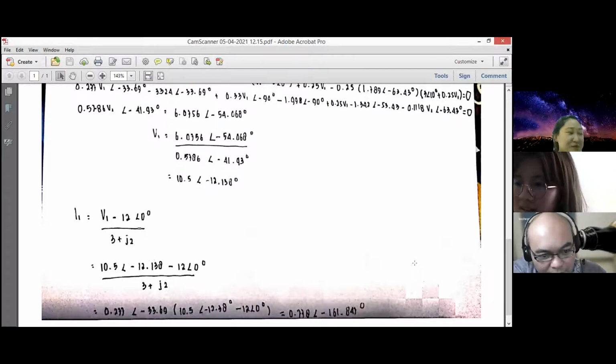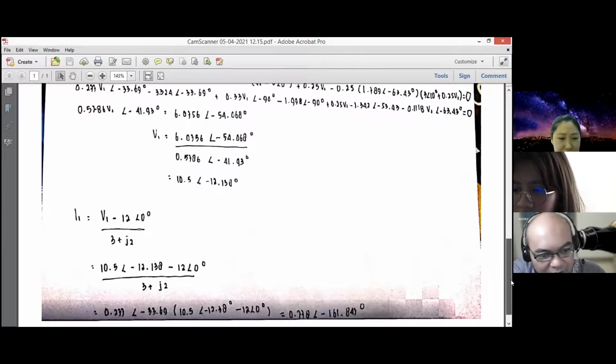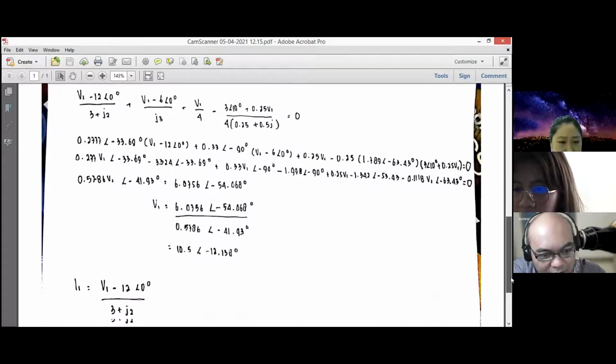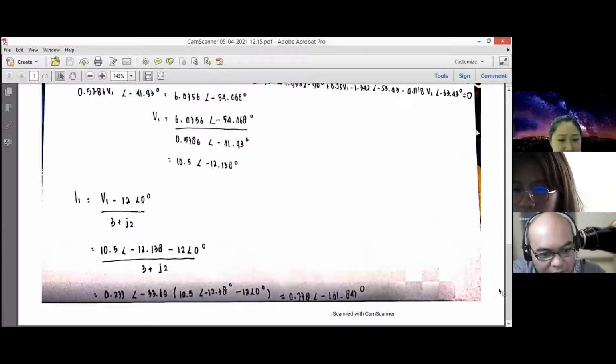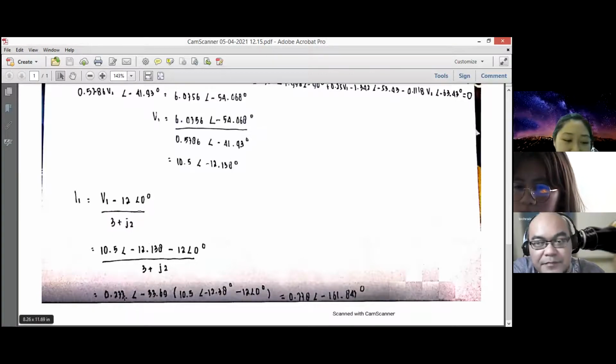Okay, explain to me from 10.5, the I1, divided by 3 plus J2, then how you get the 0.778 angle minus 161.84? For the angle, we add 180 degrees. So it's actually the same, sir.